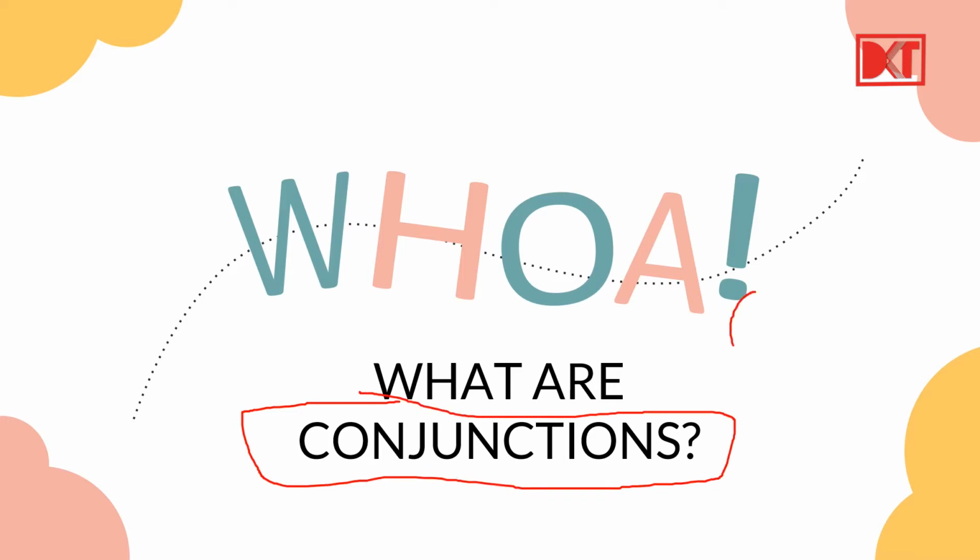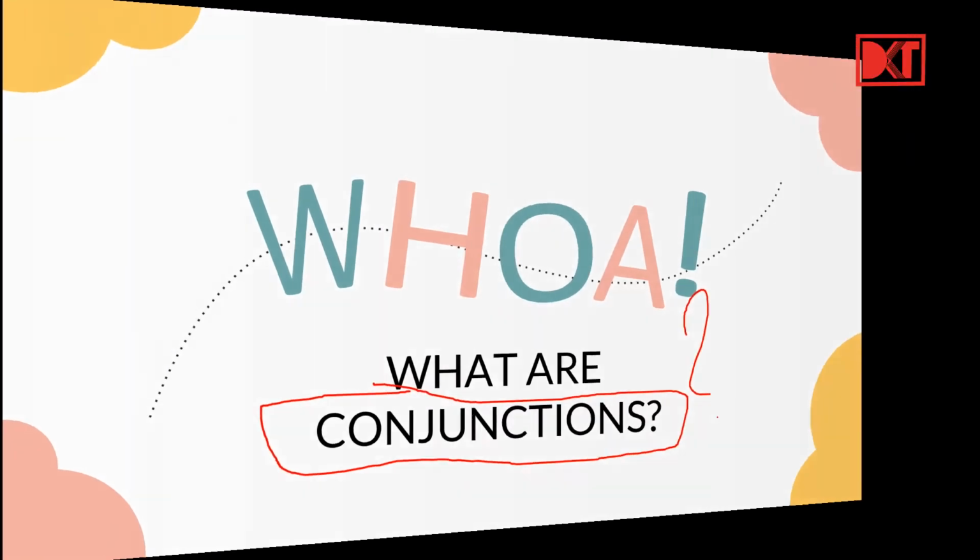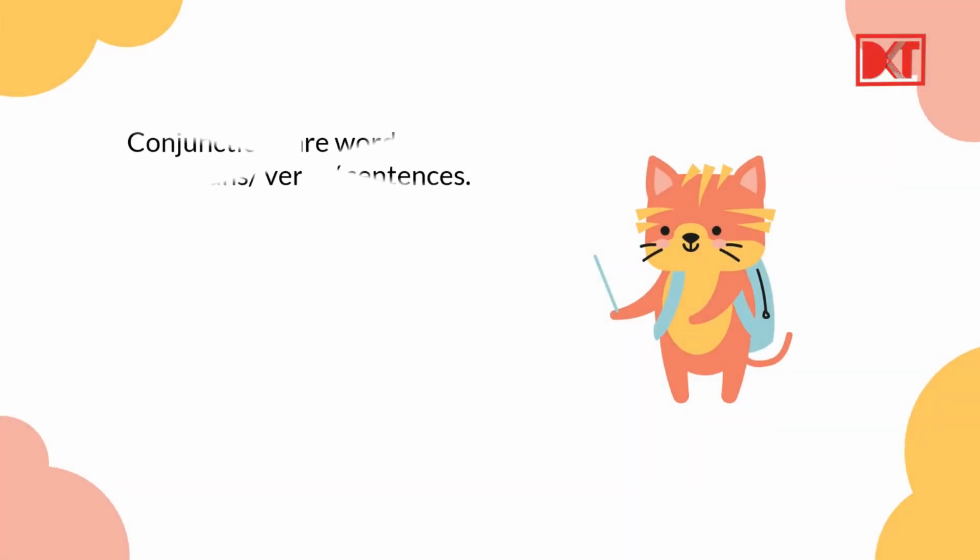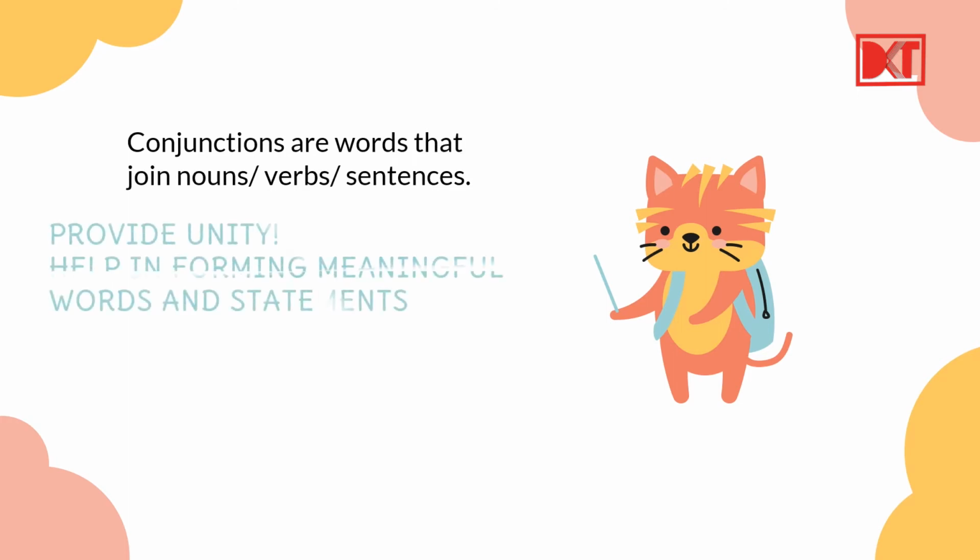हम सबसे पहले ये question answer करने की कोशिश करेंगे. Alright, let's start. Now, conjunctions are words that join nouns, verbs, sentences. कितना simple meaning है.